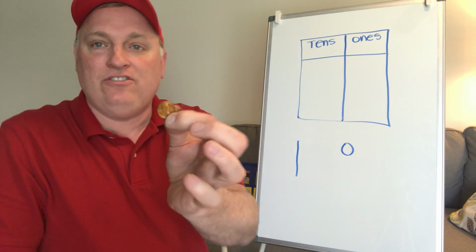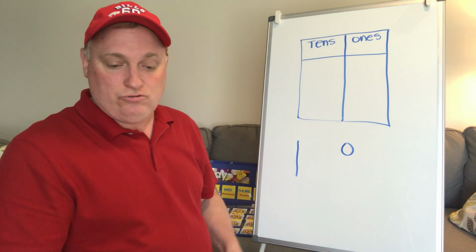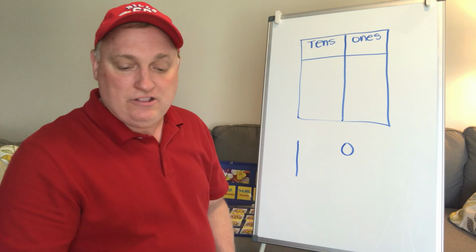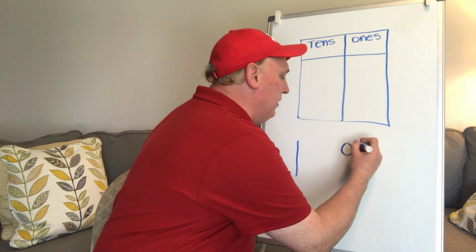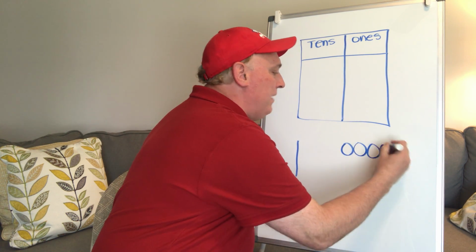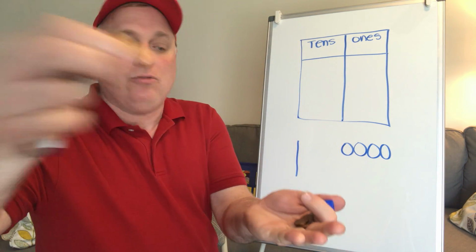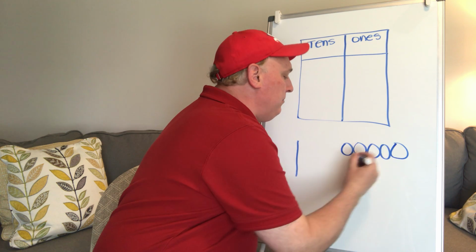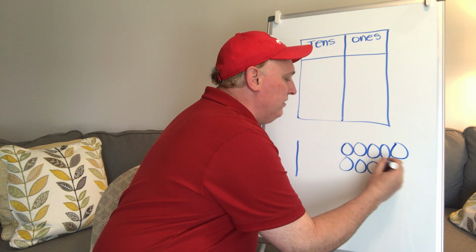So 2 pennies is like 2 loose 1s. 3 pennies is like 3 loose 1s. And I could keep drawing them as we go. 4 pennies, let's add another penny to our mix, is like 4 loose 1s. And we can keep going all the way to 9 loose 1s.